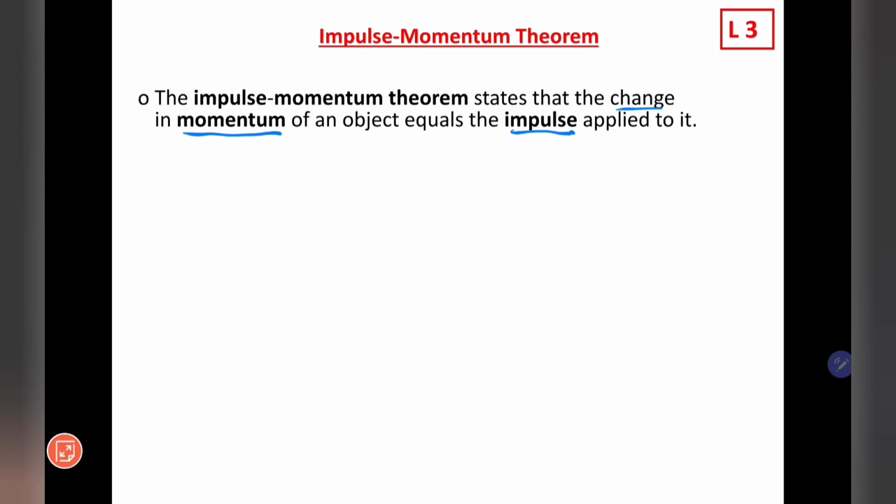So the change in momentum and impulse are equal to each other, or we may simplify it using this equation: J equals F delta T equals delta P. Remember, J represents impulse, which is F delta T, and according to this theorem, the impulse equals the change in momentum, which is delta P.